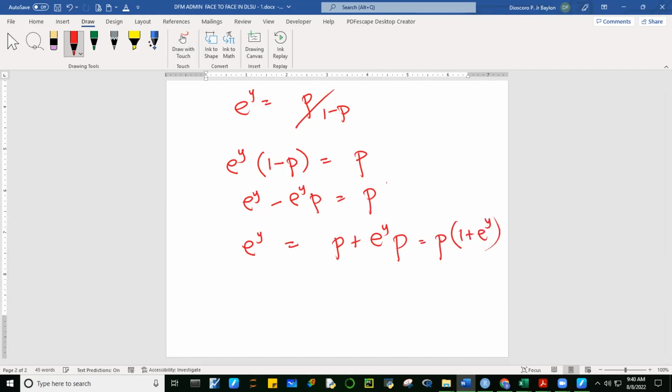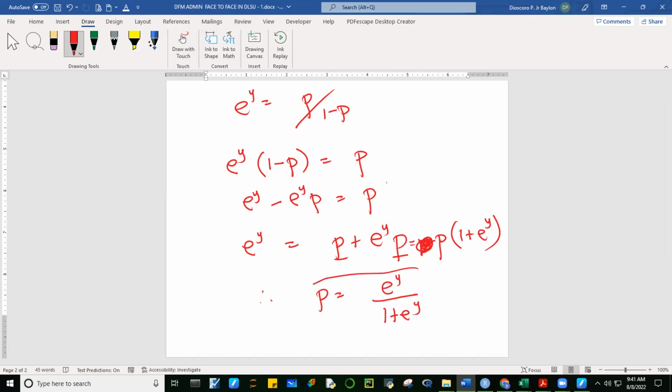We factored out P. Therefore, P is equal to e to the y divided by 1 plus e to the y.